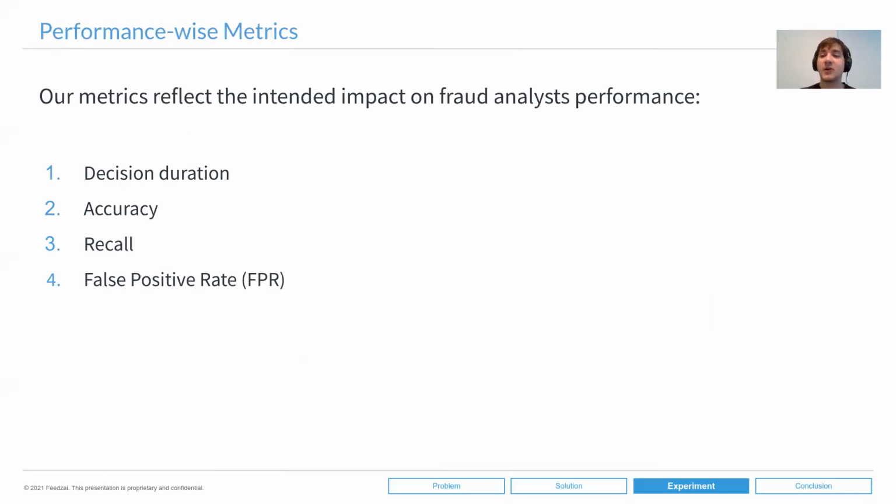We decided also on the metrics that we wanted for our experiment. So our notion of performance was on these metrics. The first one was the time that the analysts used to decide the outcome of that transaction. The second metric was the accuracy of the analysts.